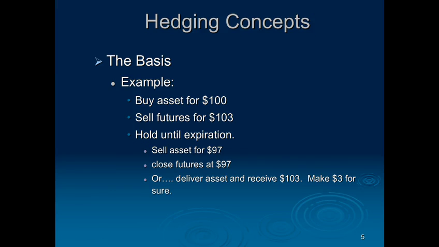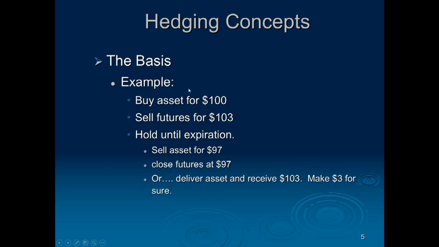You're guaranteed to make the profit which is equal to the initial basis. Why? Because at the end of the day, your profit is going to be final basis minus initial basis. And if final basis is 0, then you know for sure that your profit, before you even come to the expiration date, is going to be the initial basis. You're guaranteed to make the difference between the futures and the spot here.